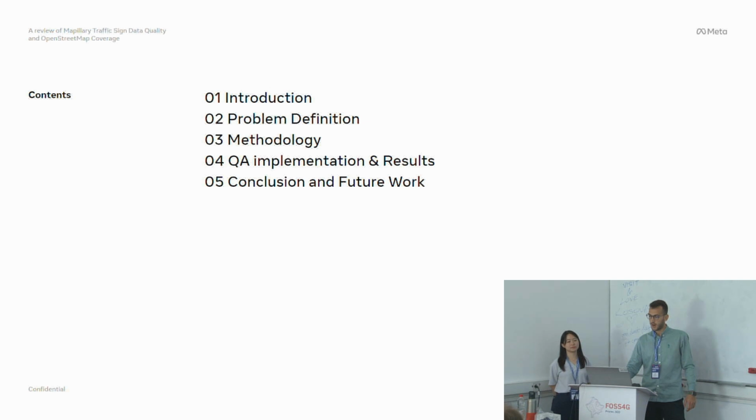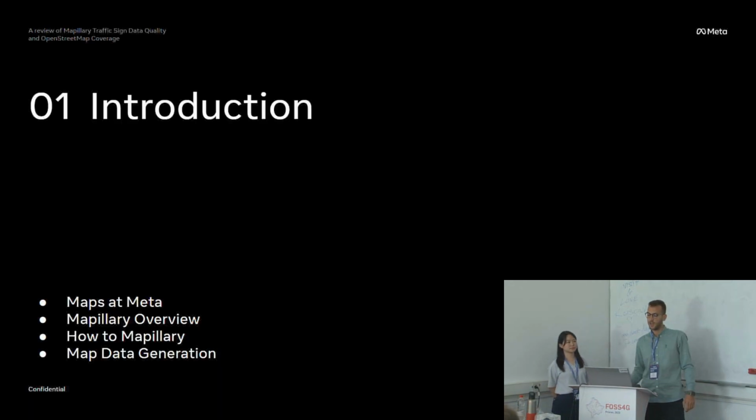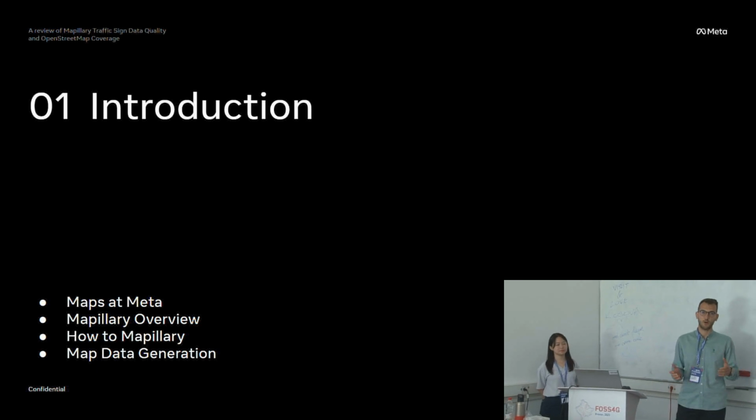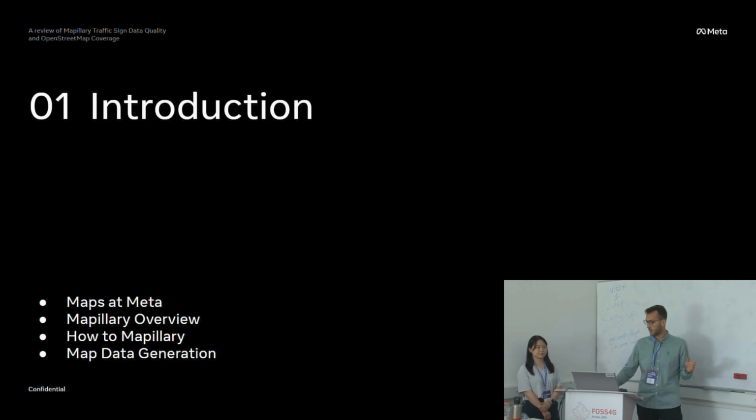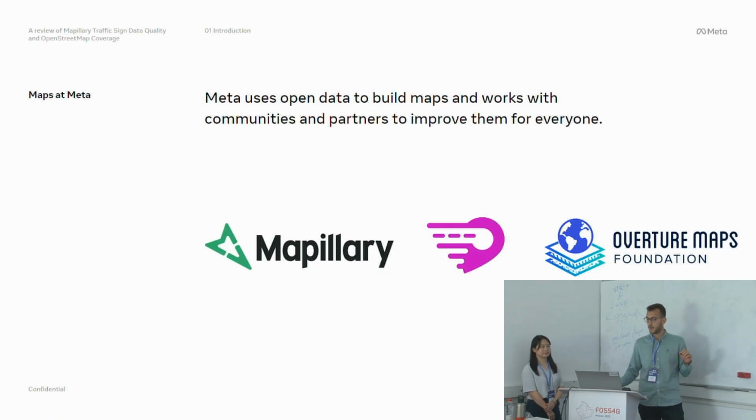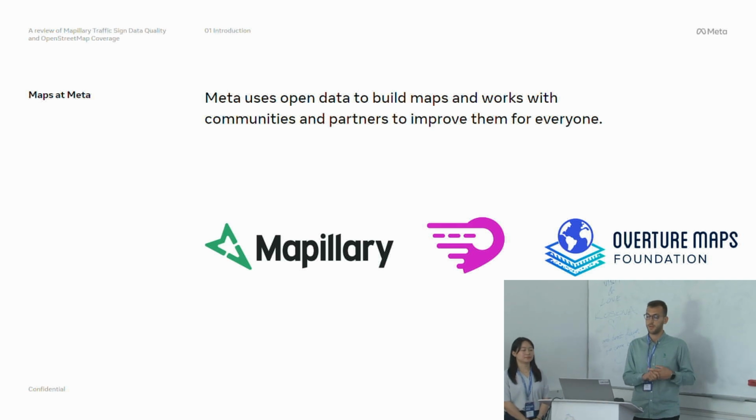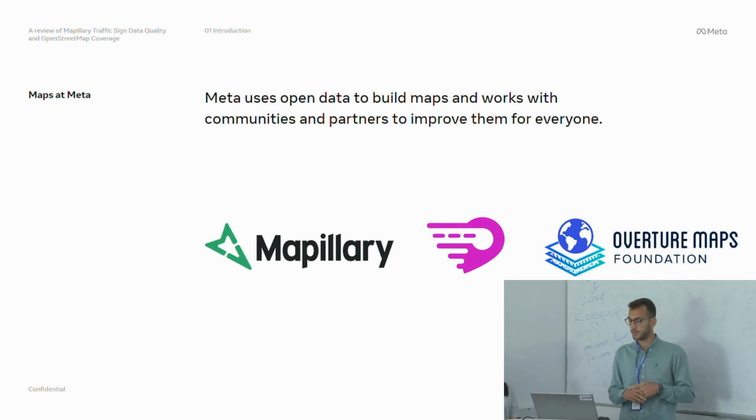Before starting the introduction, you may be wondering what Meta's involvement is with OpenStreetMap, as well as maps at all. So I just want to give a quick overview of maps at Meta. Meta uses open data to build maps and works with communities and builds tools to improve OpenStreetMap and improve maps for everyone.